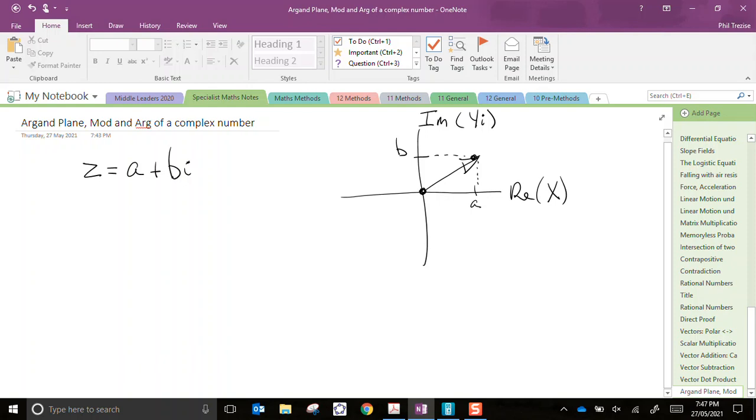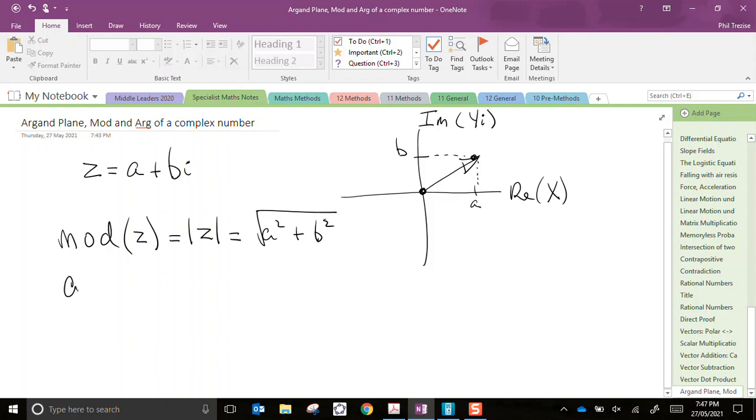Instead, we sometimes refer to the modulus and the argument. The modulus, sometimes just written as mod z, also sometimes written like this, represents the length of the vector, and so that would be, by Pythagoras, a squared plus b squared, and we take the square root.